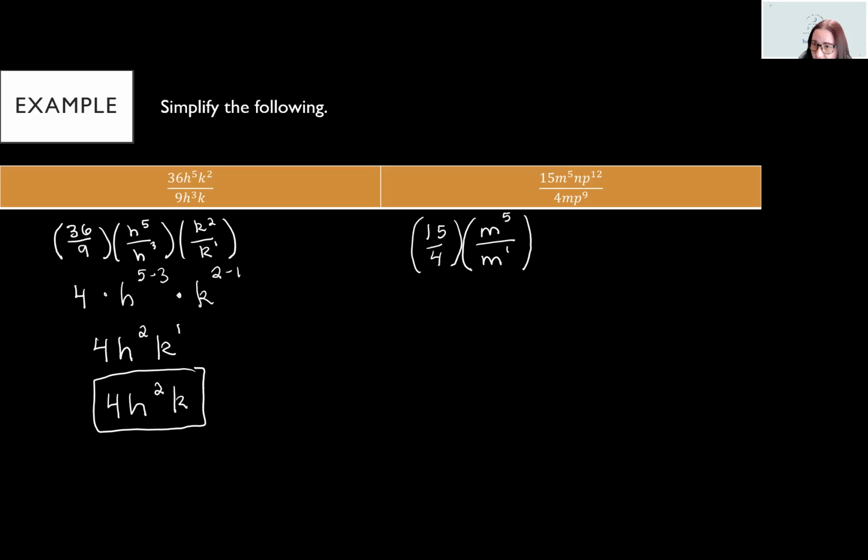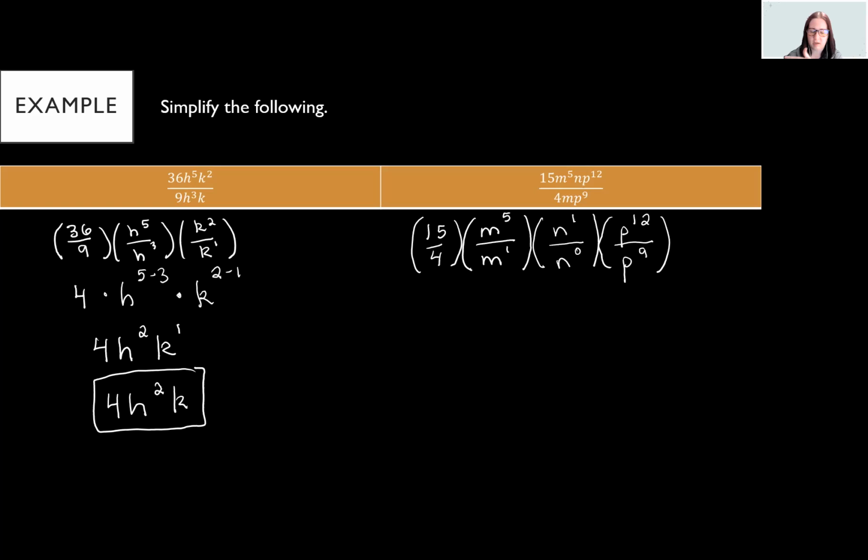Then we're going to have the n's, and there's an n on top, no exponent, so I can write a 1. But if there's not an n in the bottom, you can do an n to the 0 power because it's not there. So you can just put 0 for your exponent because there isn't an n there. And then we have p to the 12th over p to the 9th.